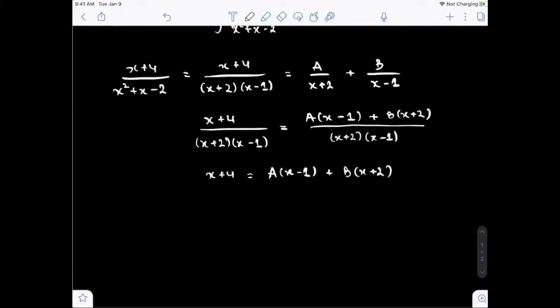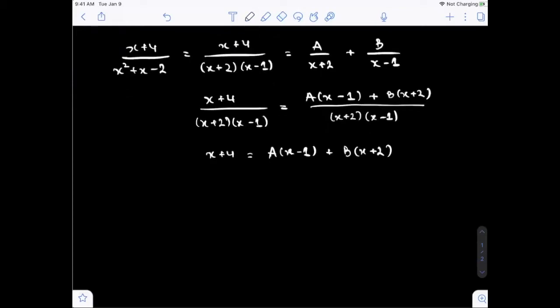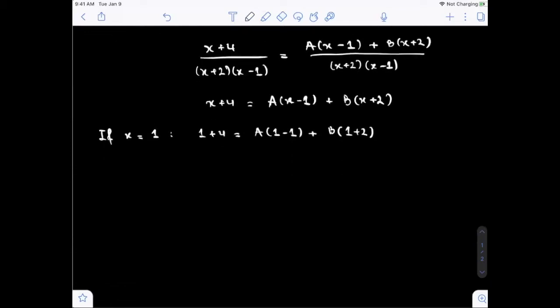You remember that there are two ways to obtain A and B, right? If x equals 1, then you have 1 plus 4 equals A times 1 minus 1 plus B times 1 plus 2, so this is 5 equals 3B, or B is equal to 5 over 3.